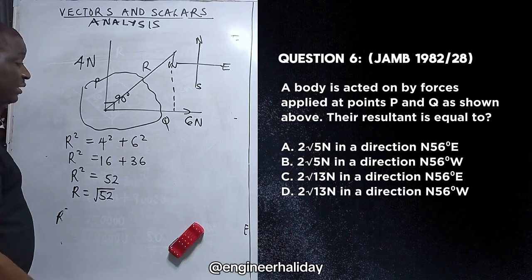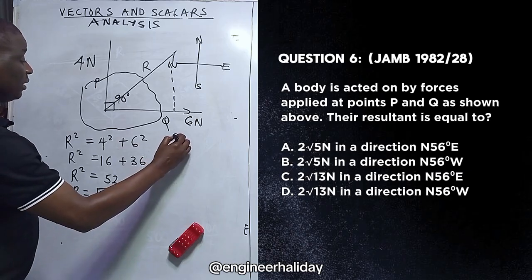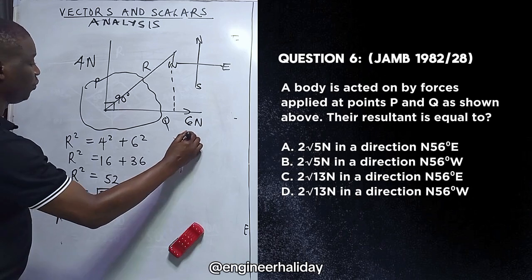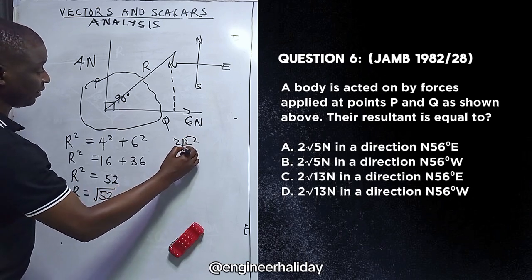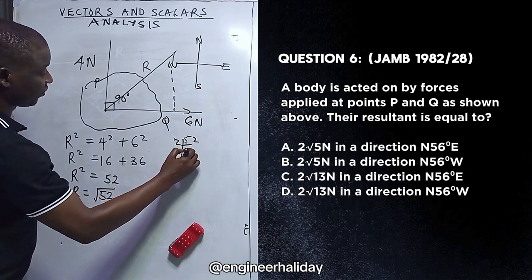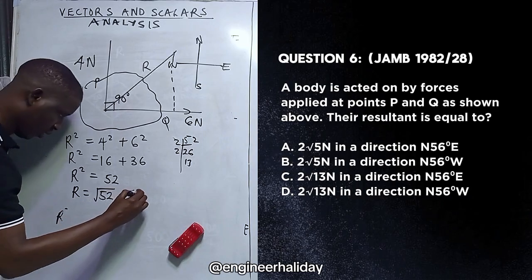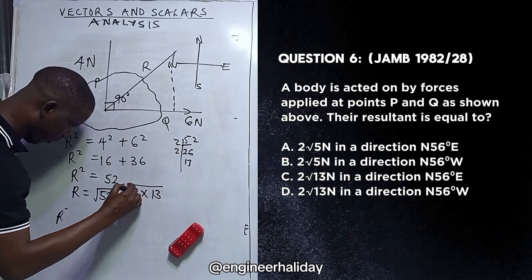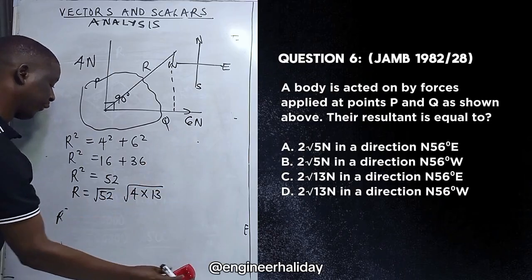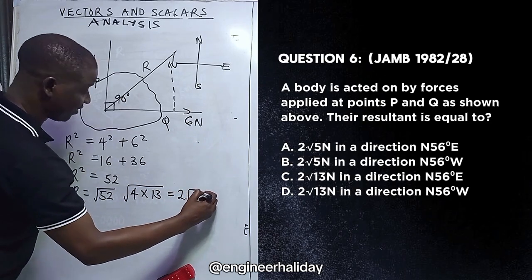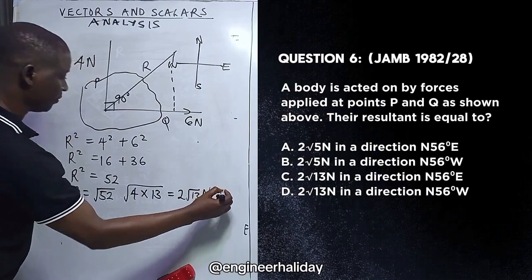Now don't forget what 52 is the same thing as: 2 times 2 times 13, more or less like 4 times 13. So root 52 is the same thing as 2 root 13 Newton.